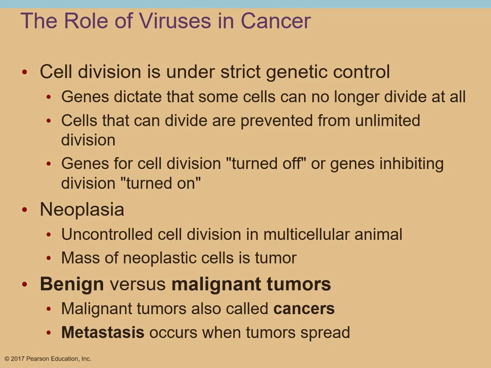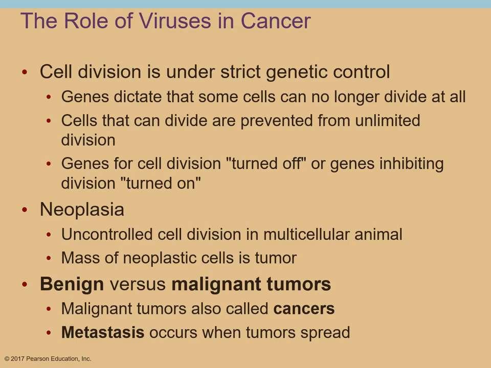There are times when there can be certain triggers that turn off some of these regulatory genes that are helping to control the rate of cell growth. And what we're finding now is that sometimes it's viruses that can interfere with these regulatory genes.